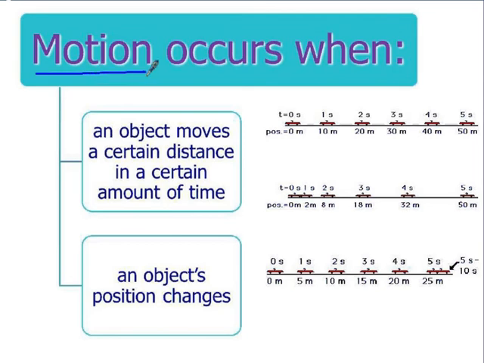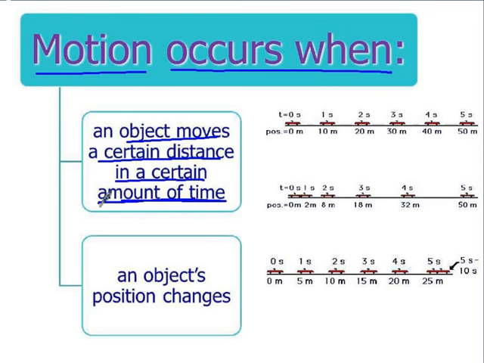Motion occurs when an object moves a certain distance in a certain amount of time. Okay, so motion occurs when you are moving over a time period, and an object changes position. So it is not where it started. So we're going to be talking about how things can move around, back and forth.